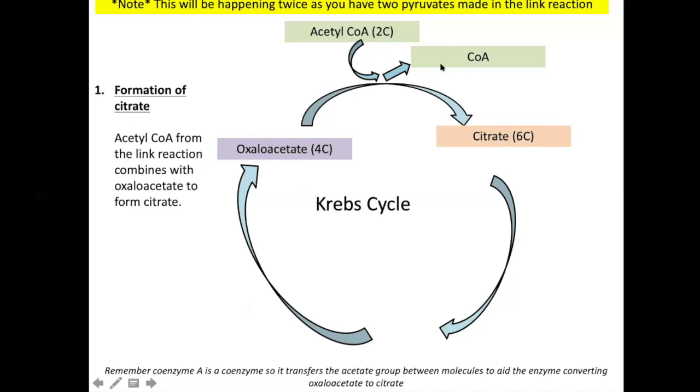The coenzyme has done its job. It's brought the acetyl to the Krebs cycle. It's going to go back now to the link reaction. Okay, so it's reusable. We have formed citrate.